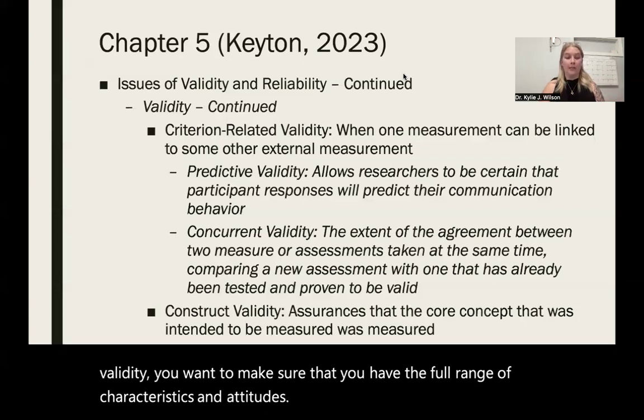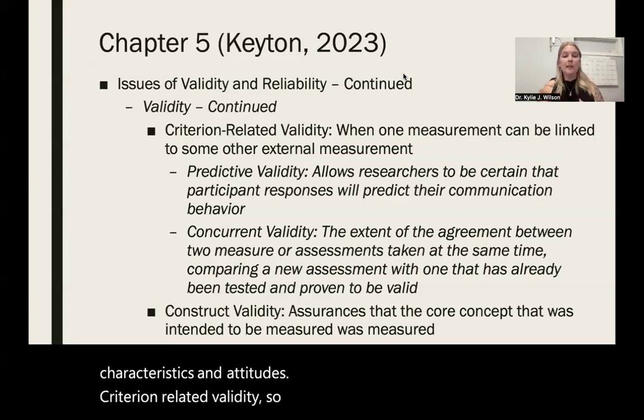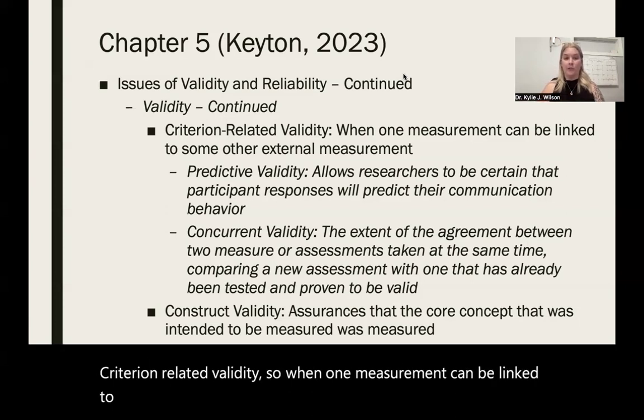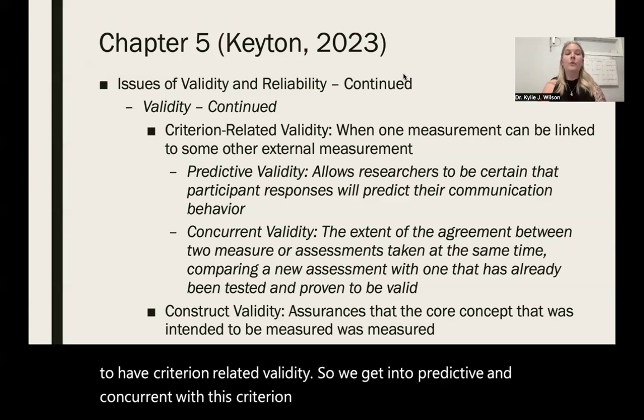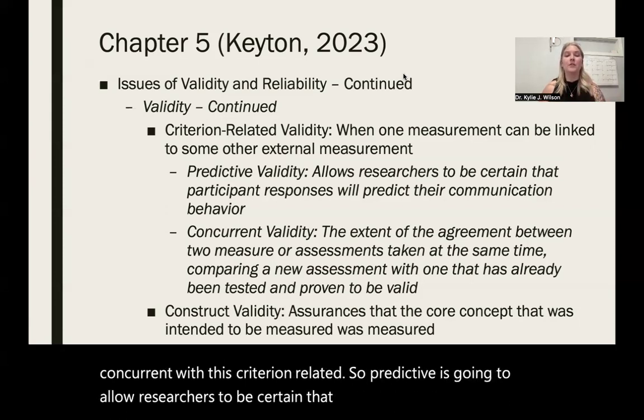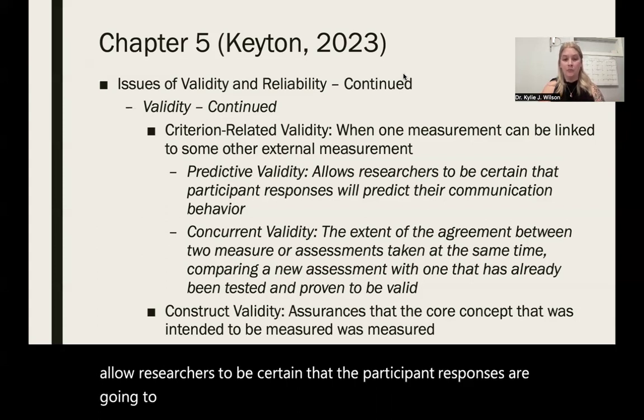Criterion related validity. So when one measurement can be linked to some other external measurement, we're going to have criterion related validity. So we get into predictive and concurrent with this criterion related. So predictive is going to allow researchers to be certain that the participant responses are going to predict their communication behavior.